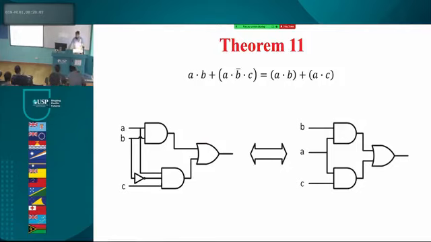Boy, look at that one. Theorem 11: A and B, or, in brackets, A and B bar and C, is equal to A and B or A and C. What is the proof?